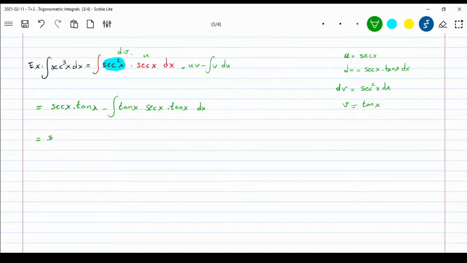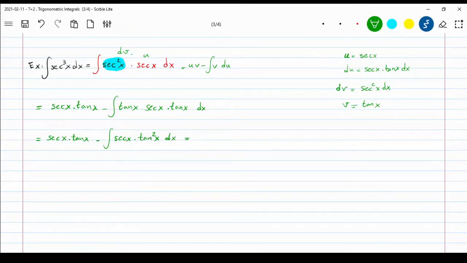And this is secant x times tangent x minus the integral of secant x times tangent squared x dx.